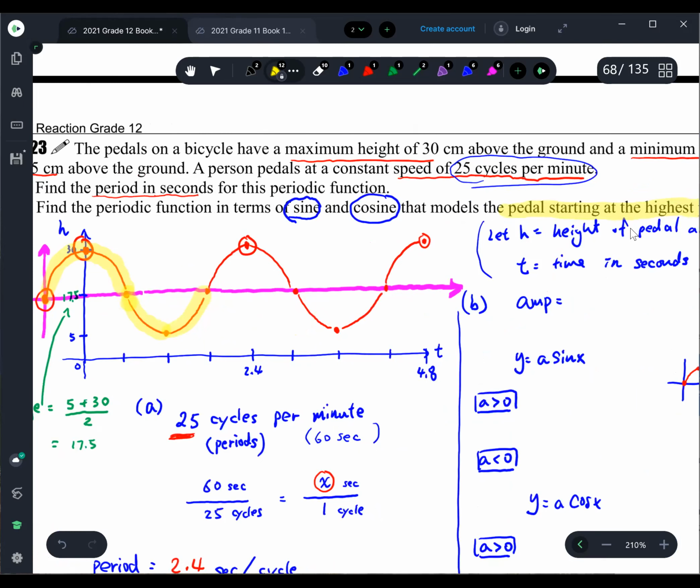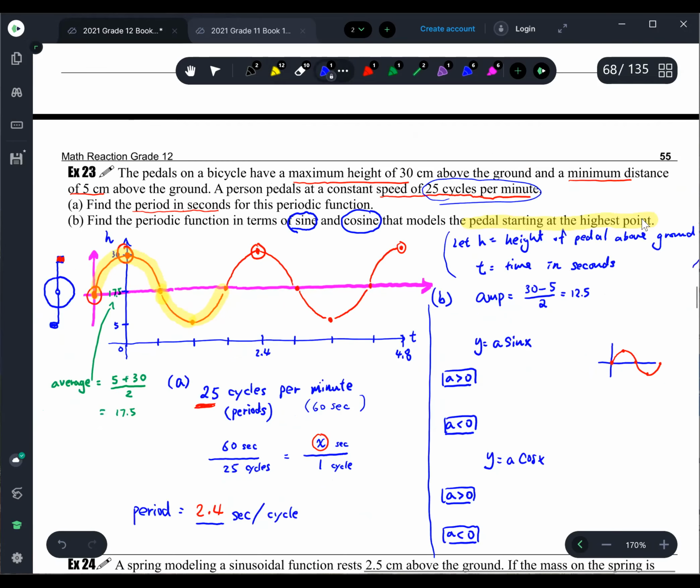That's one way to do it if you have the graph. Or you can take the highest minus the lowest and divide it by 2. That's also 12.5. Anyone else finished all 4 yet? Should be done by now if you know how to do it.